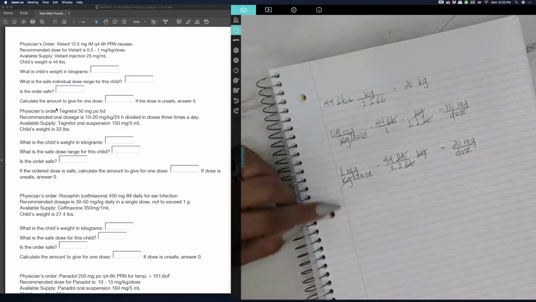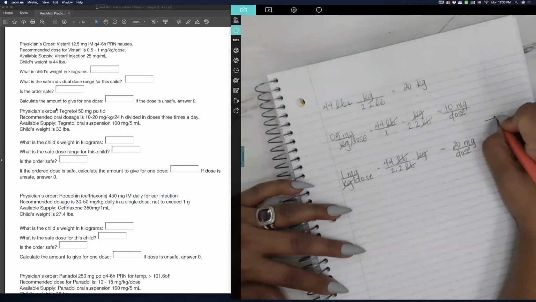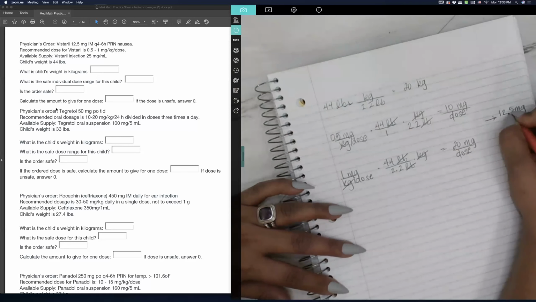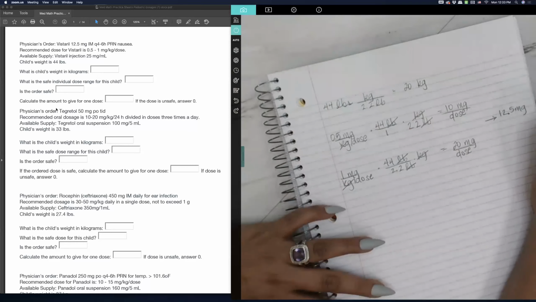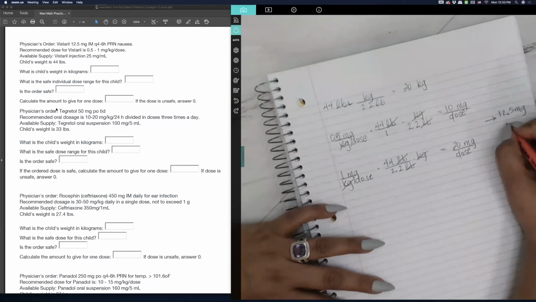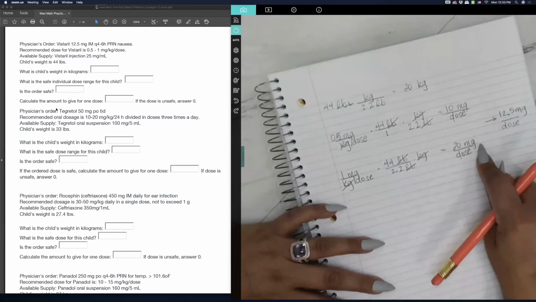Is the order safe? The order is 12.5 milligrams given every Q 4 to 6 hours. So this is milligrams per dose. And so this is in the safe range.